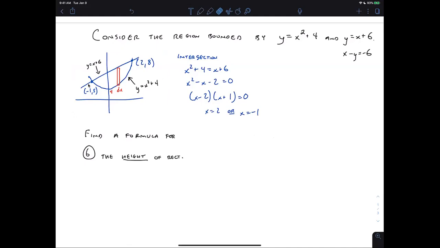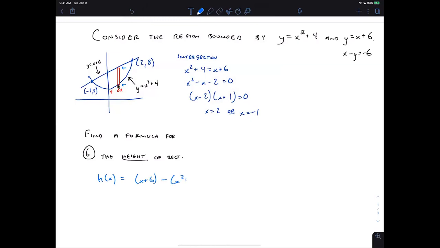Keep in mind, we're calling dx the base. So the height is the distance from the top of the rectangle to the bottom of the rectangle. Does that make sense? In this problem, is that distance vertical or horizontal? Vertical. So you take the top y minus the bottom y. Top y is x plus 6.